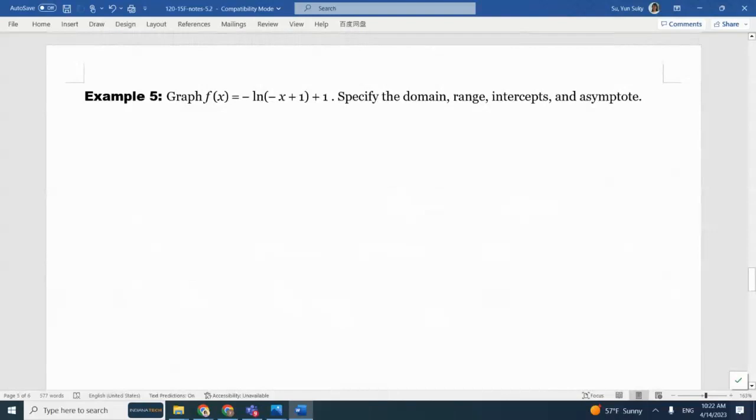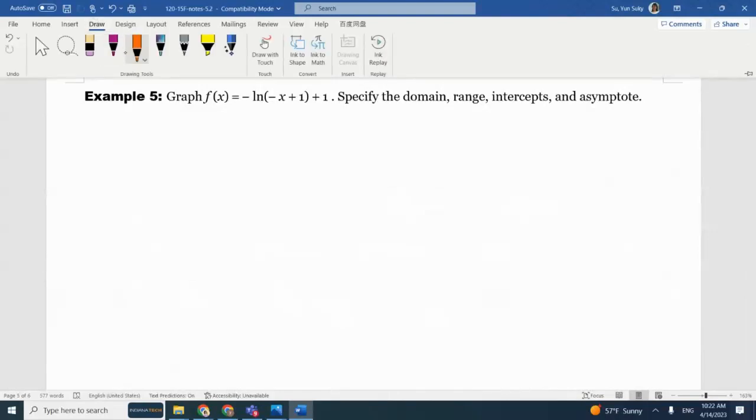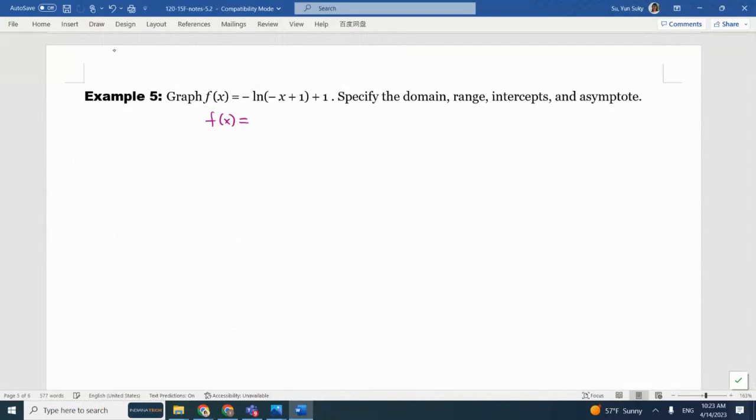Okay, example 5. Let's make the problem more interesting. So let's put negative 2 ln of negative x plus 1, and then plus 3. Alright, so this is transformations.